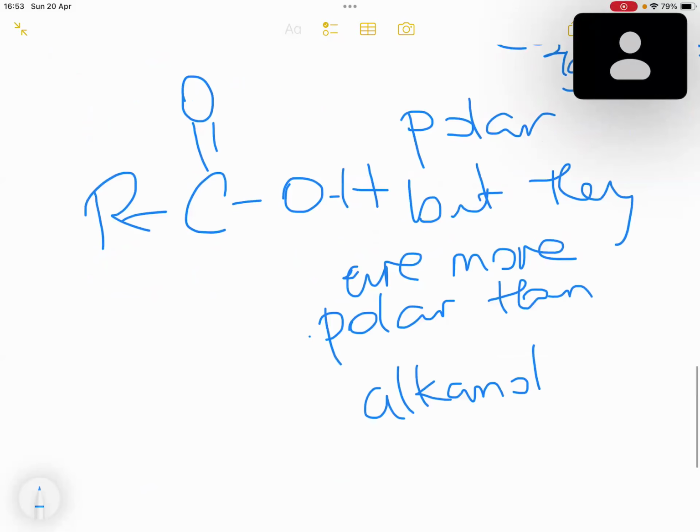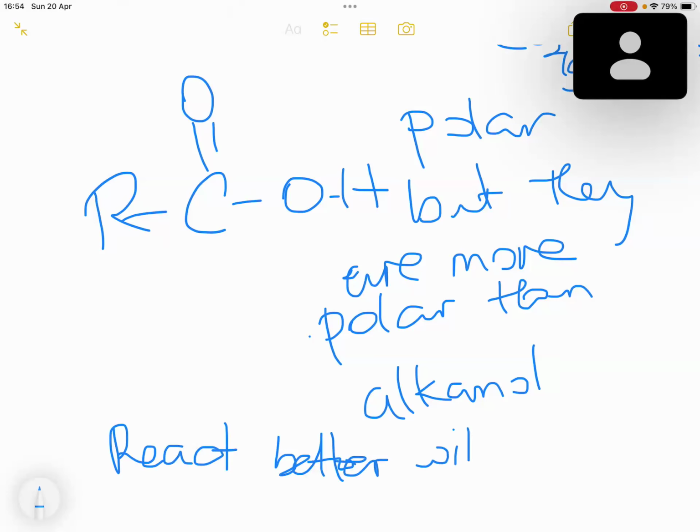and they react better with metals. So remember, ethanol reacts with sodium to form sodium alkoxide or ethoxide.